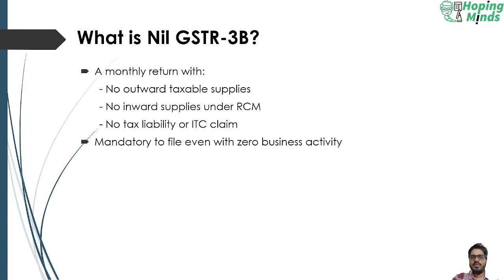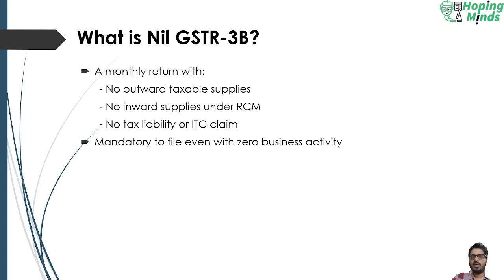Then if no inward supplies under RCM, so under RCM if the recipient is liable to pay the GST on such inward supplies, then in that case nil GSTR-3B return is not applicable. Hence, in case where inward supplies liable to reverse charge is required to be reported in GSTR-3B, then it will not fall under the nil filing of GSTR-3B scenario.